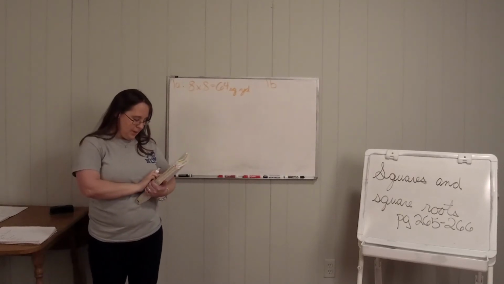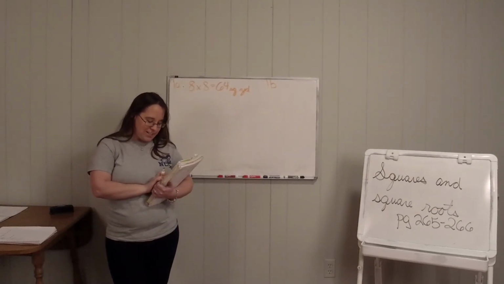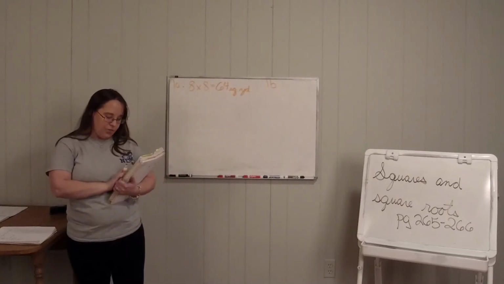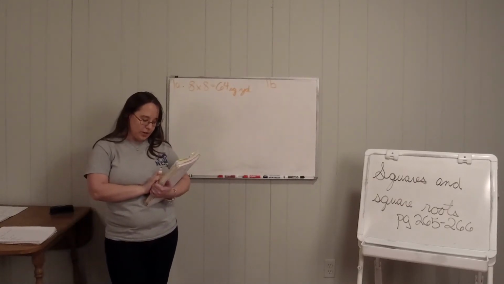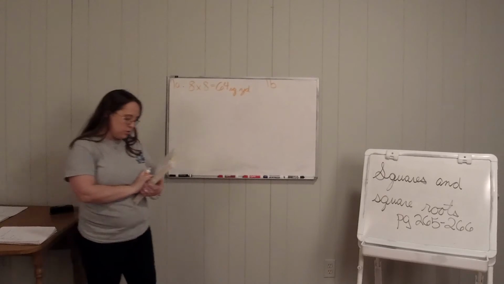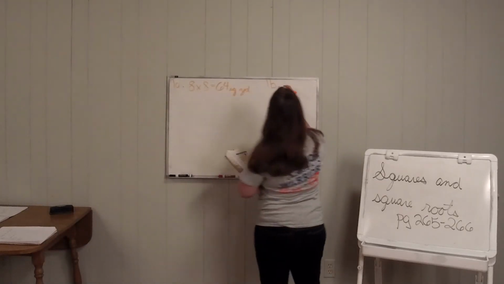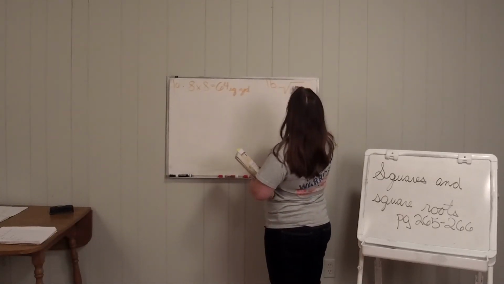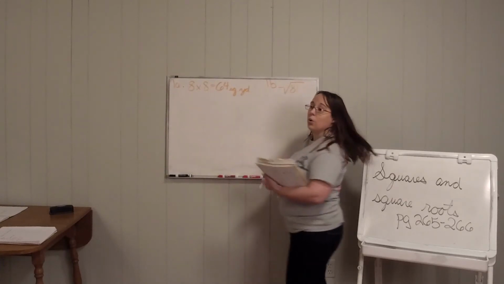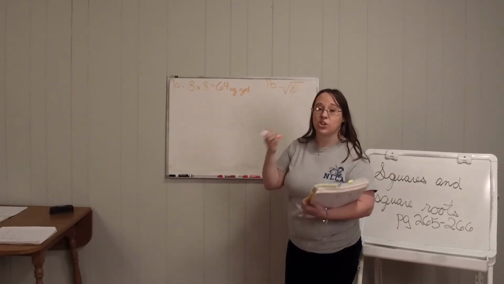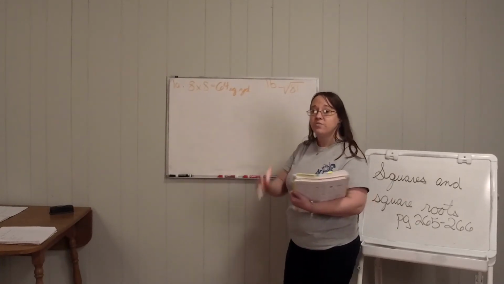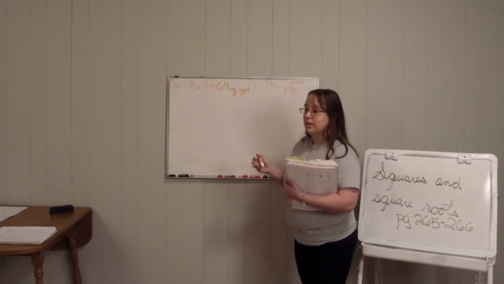Okay, 1B. Mr. Taylor's classroom is the shape of a square with an area of 81 square yards. How many yards are on each side? Well, what double multiplication facts equal 81? Think about it.